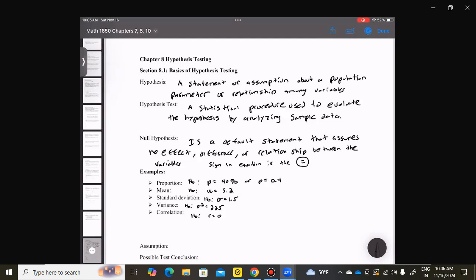The H0 just stands for that. That is how you say this is a null hypothesis. So you don't have to write out the whole null hypothesis wording, but you have to have an equation, and these numbers are always the claim value.